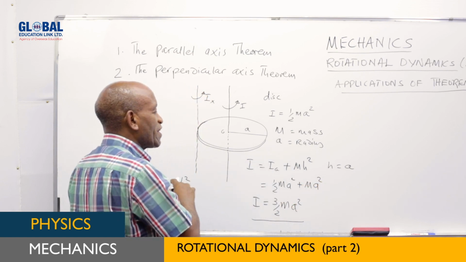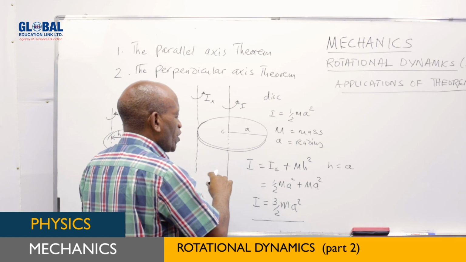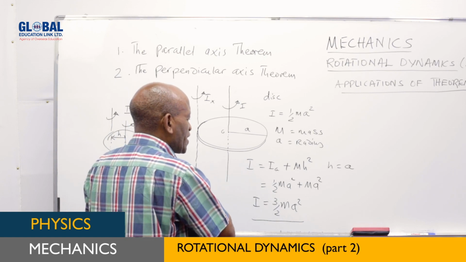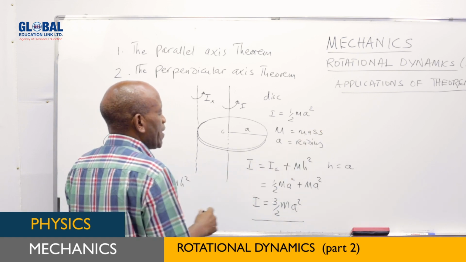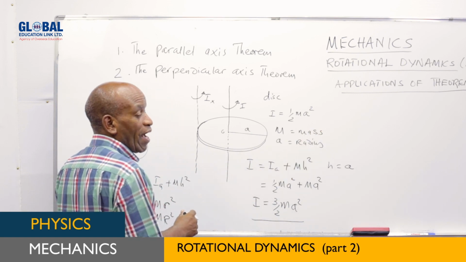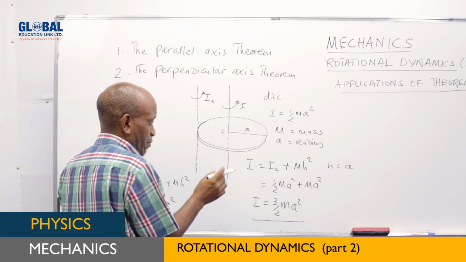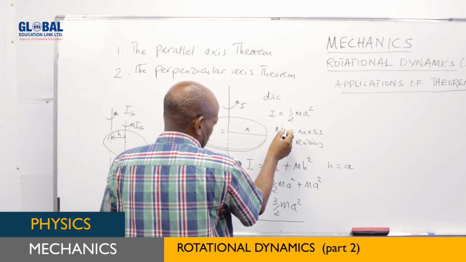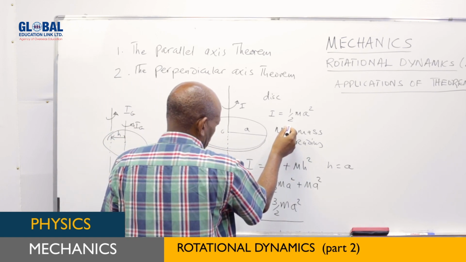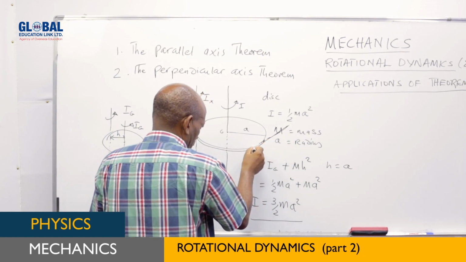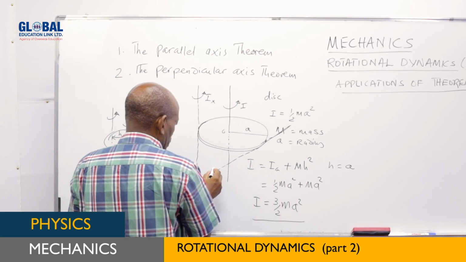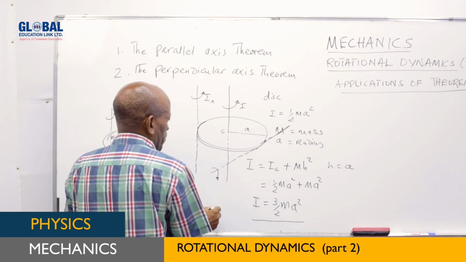It is just passing along, let's say, parallel with an axis that is passing along the plane of that particular disk, but on its rim. So here I will be having an axis which could just be passing, let's say, at that particular point. So I might be talking about this particular axis.